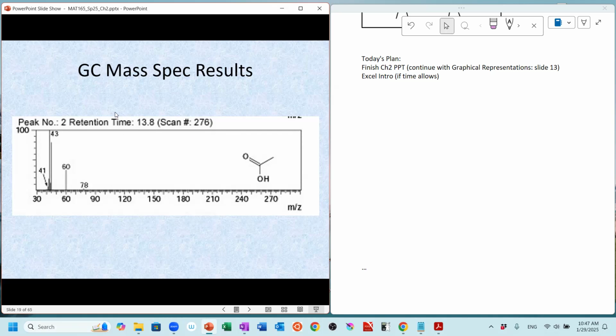So the retention time up here is how long it took this component of the sample to get to the end of this tube. Are we looking at a bigger molecule or a smaller molecule?